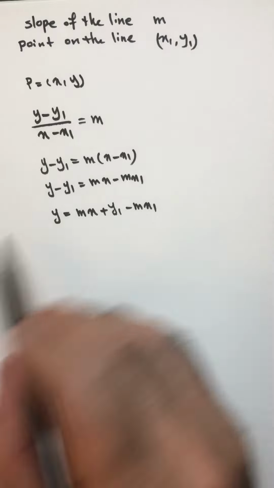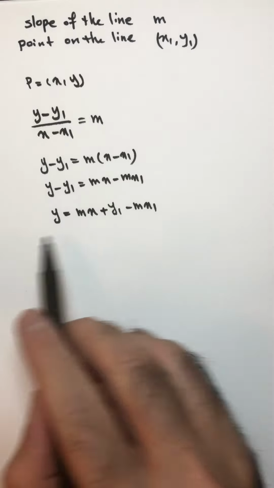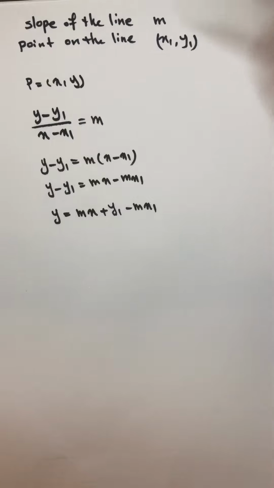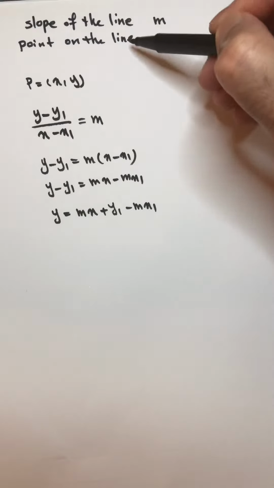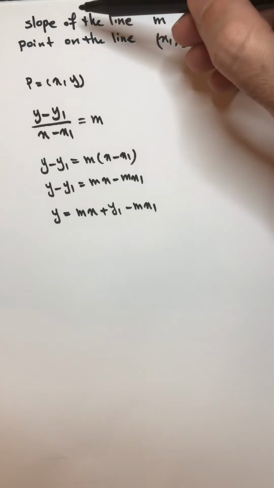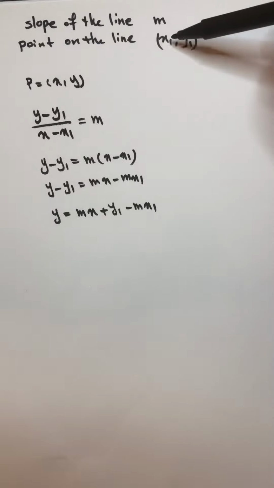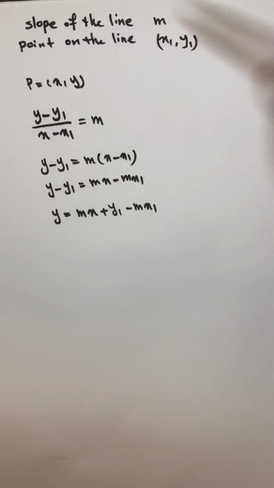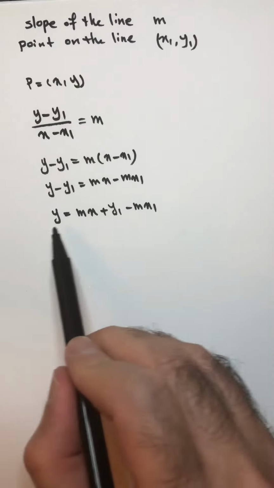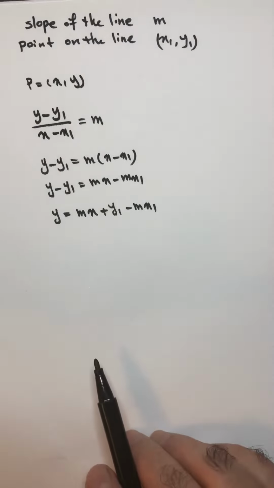This is the equation of the line, but in order to be sure that we have not made a mistake in our calculations, we need to check those two given things. That is, we need to check that the slope of the line is m and that the given point with coordinates x1 and y1 lies on this line and fits into this equation.